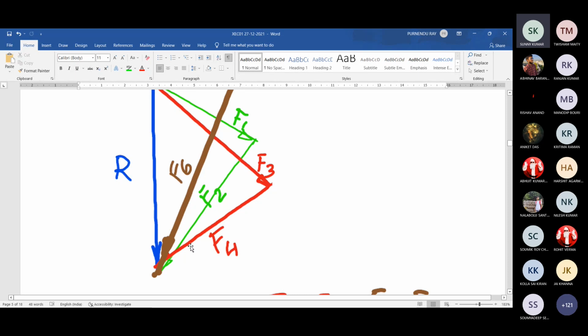Those are 180 minus this angle, 180 minus this angle, and 180 minus this angle. Of course, sine of 180 minus theta is sine theta. So A divided by sine A, B divided by sine B, in its familiar way you can remember. So small a divided by sine capital A is equal to small b divided by sine capital B.